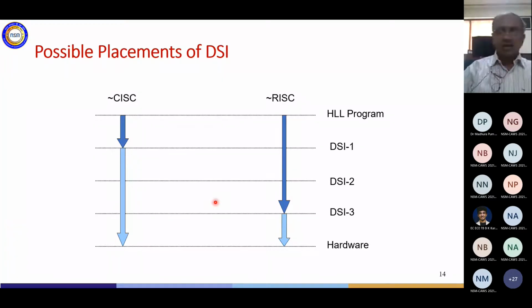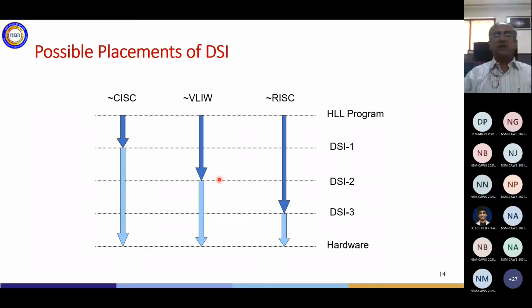Here it will be pertinent to say, I will explain how that happens later, is VLIW sits right in the middle. Meaning now if you see here, this arrow is small, this arrow is large. That means one of the two has to do more work. Whereas here, approximately both of them have to do same amount of work.